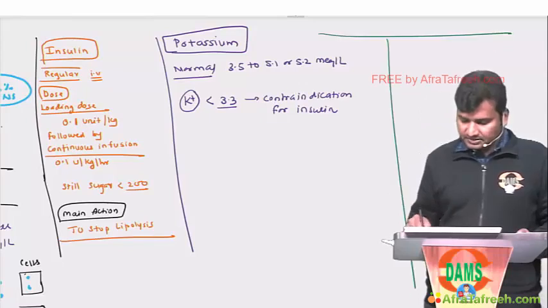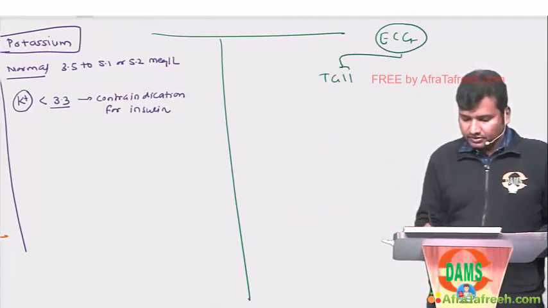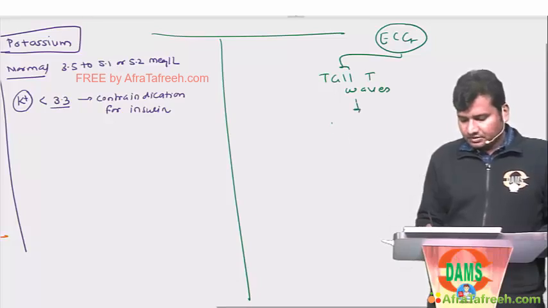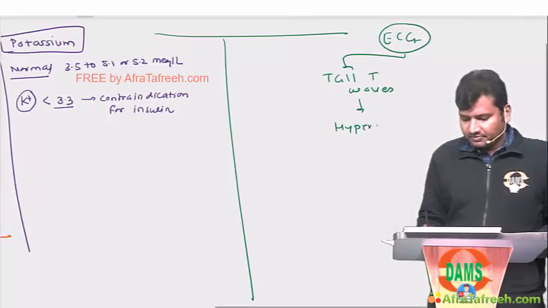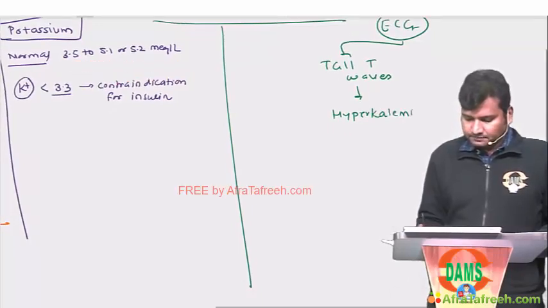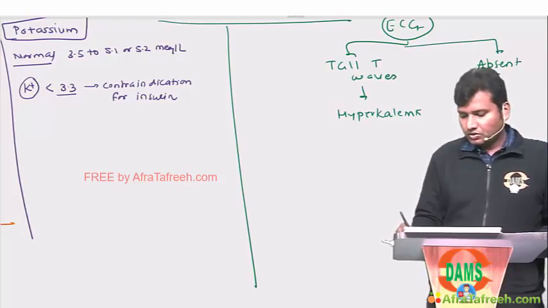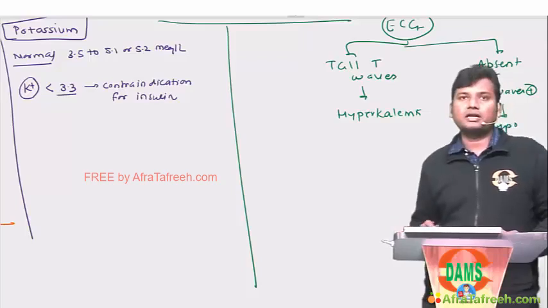If patient is having tall T waves, then patient is having hyperkalemia. And if our patient is having absent T waves, or presence of U waves, then our patient is having hypokalemia.